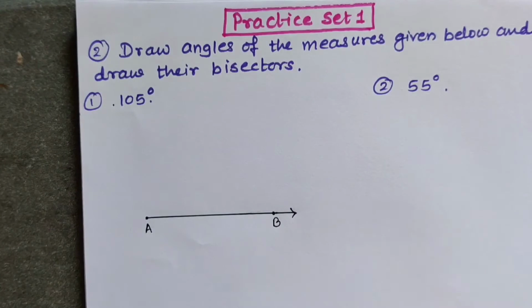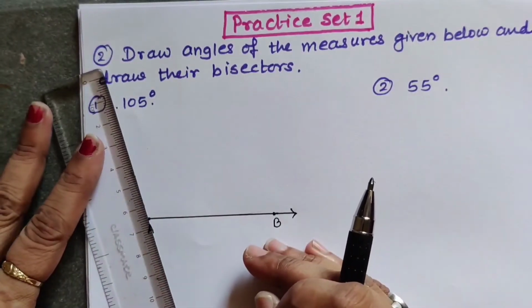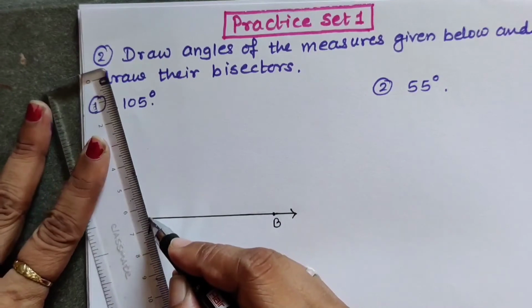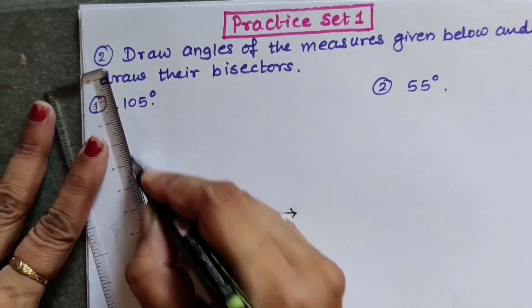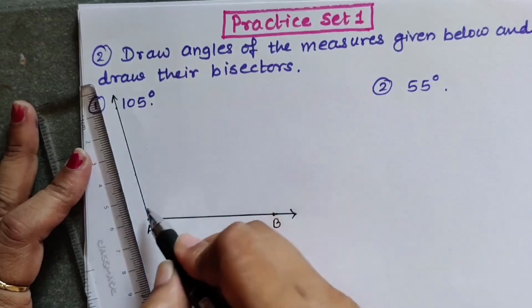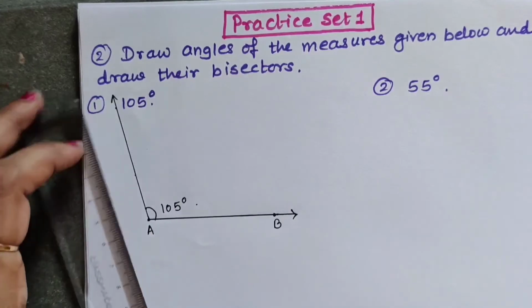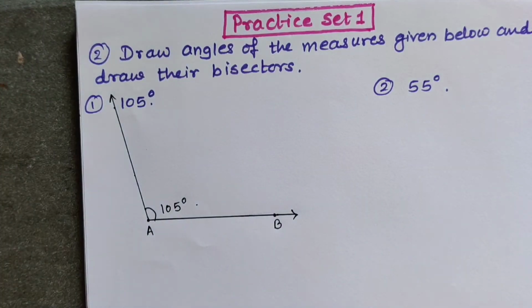We have to mark the point over there. Then we will be joining this point with point A. We have joined this point with point A and this is our 105 degree angle.